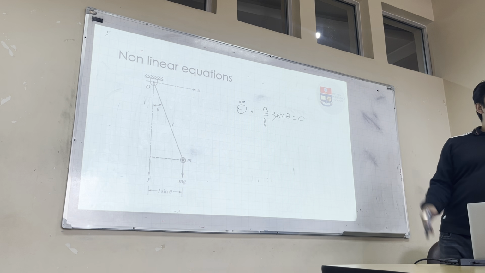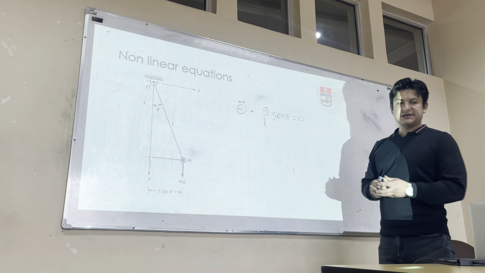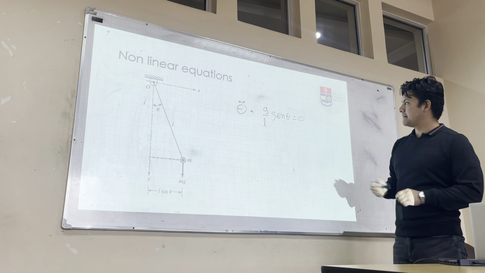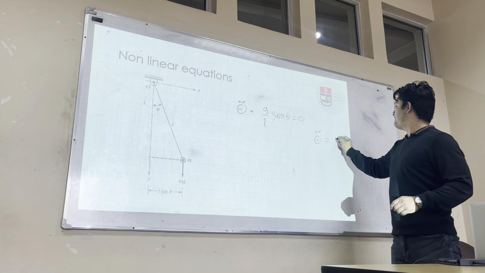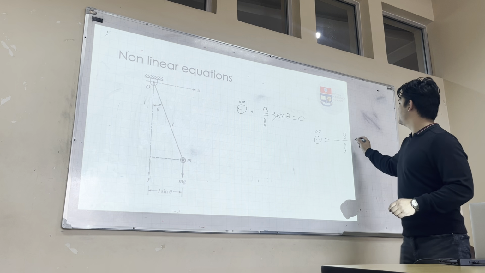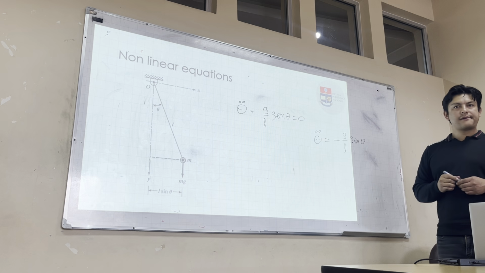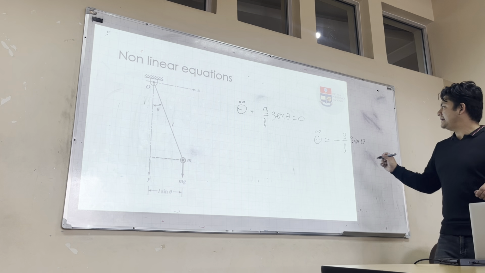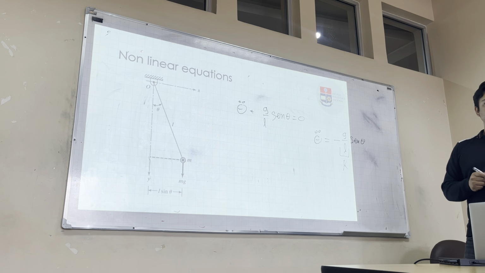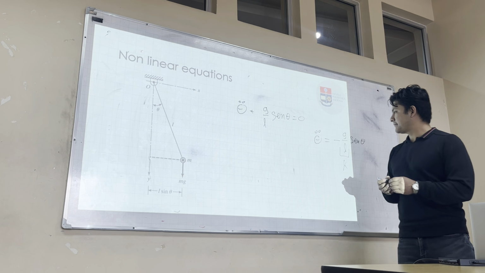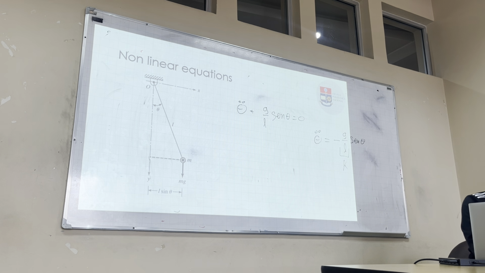As I mentioned, there's no restriction for you to use the code, so you can put this: theta double dot equals minus g over L sine theta. Right? And this looks like K, doesn't it? Right? So, let's work this out.